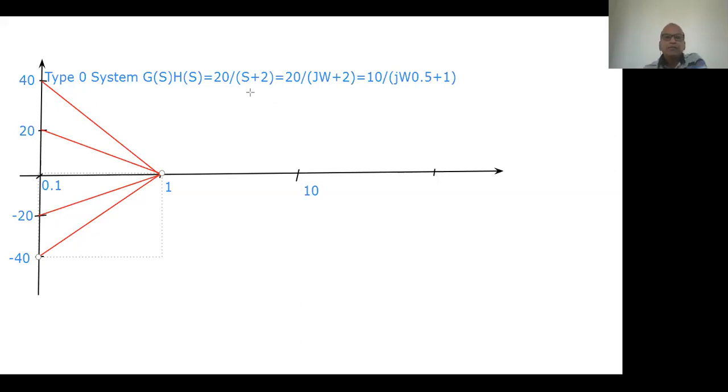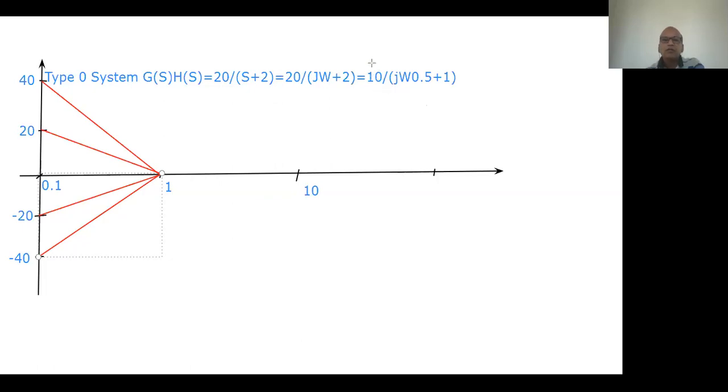The first factor is 10. The second factor is the simple pole on the real axis. Calculate the magnitude of the first factor.